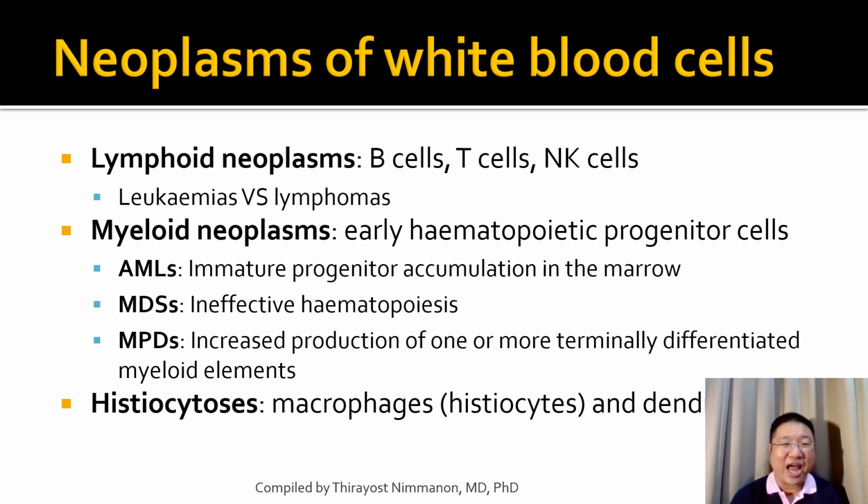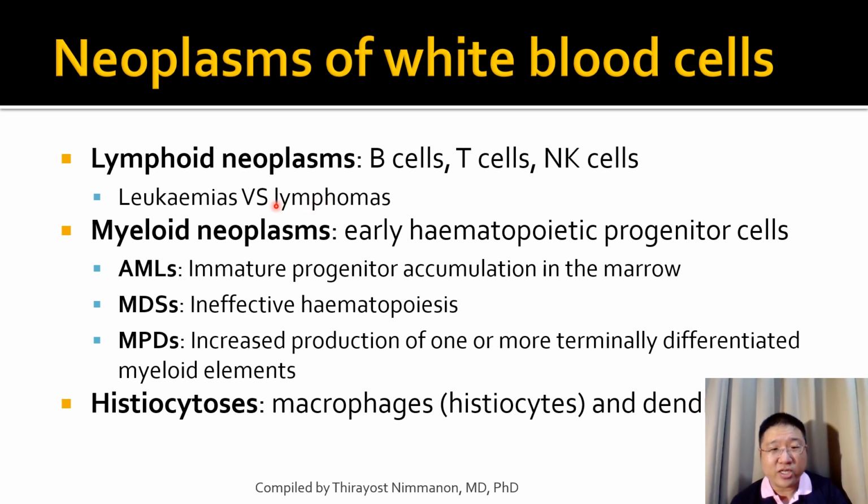We call the disease leukemia if the main clinical picture is the presence of malignant white cells within the blood. So emia means the blood, right? So leukemia: malignant leukocytes within the blood.